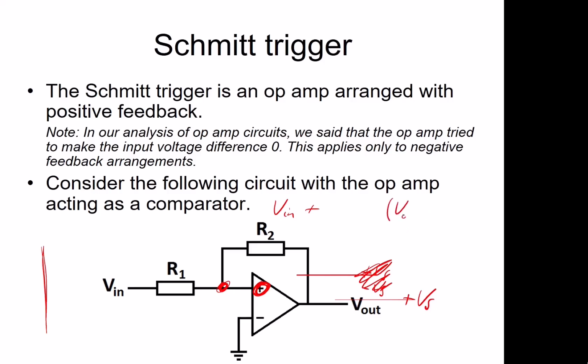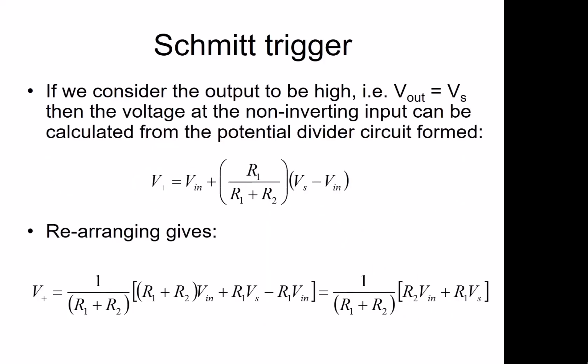So it's V out minus V in, and a fraction of that, as the potential divider is going to be R1 over R1 plus R2. And if you remember, V out is currently at plus Vs. So we get the potential at the input of the op-amp is this.